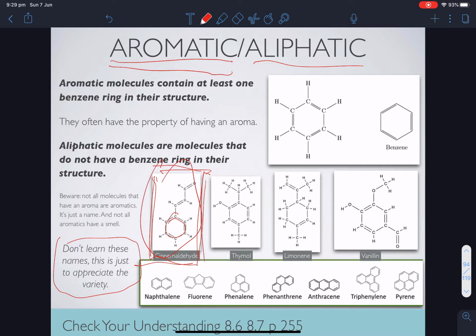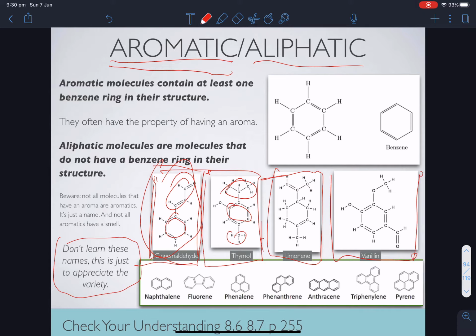We've also got thymol. I forget what that was all about. That's okay. Look it up if you're interested. Also a benzene ring. And different bits hanging off them though. Notice the bits hanging off them are different. Limonene. So in a lot of citrus fruits, especially in their pith, in their skin. Probably not a good word to say, but you know what I mean.